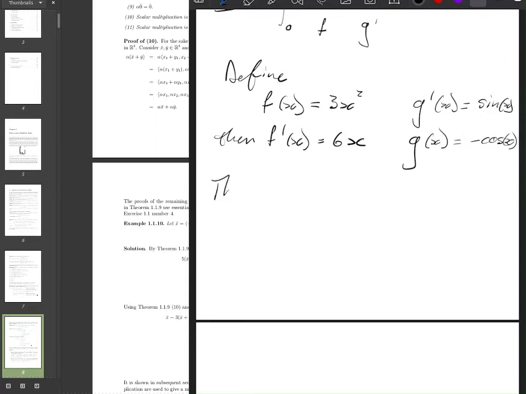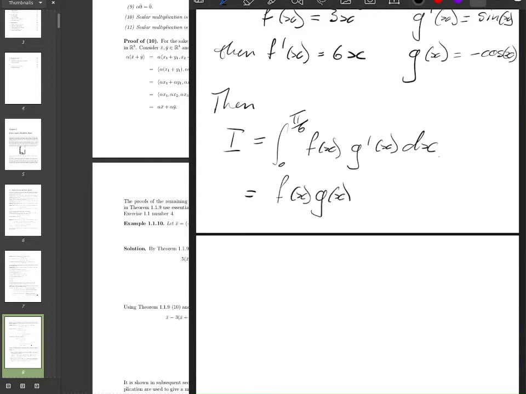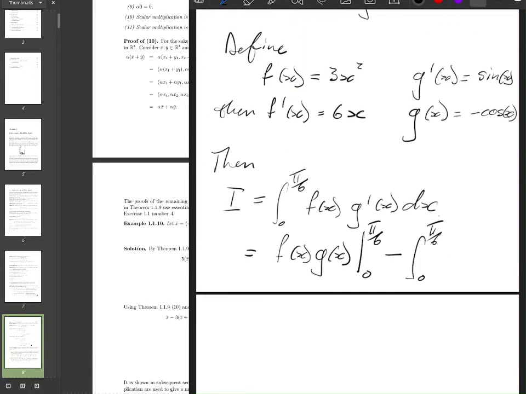Then let's take a look at what happens to our integral. Our integral is the integral from 0 to pi over 6 of f of x g prime of x dx. This is the same as f of x g of x from 0 to pi over 6 minus the integral from 0 to pi over 6, and now with our derivative transferred to the other function.